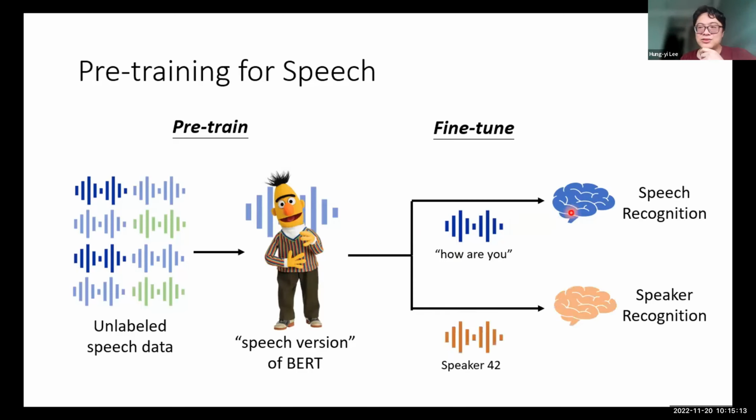You can also use the same pre-trained model for speaker recognition. You collect some utterances and label the speaker identity of those utterances. You use this labeled data to fine-tune the speech version of BERT. Then you can make the model do speaker recognition.